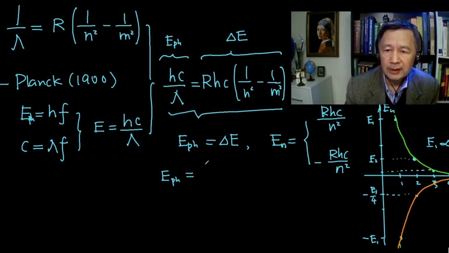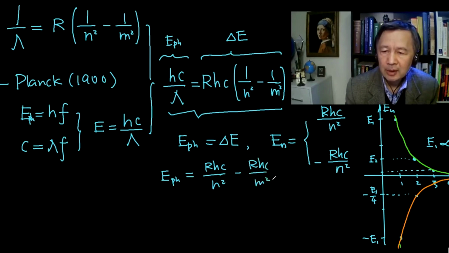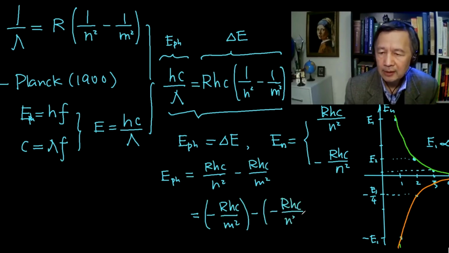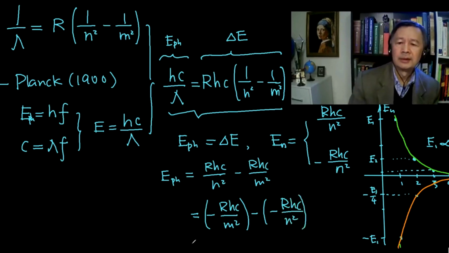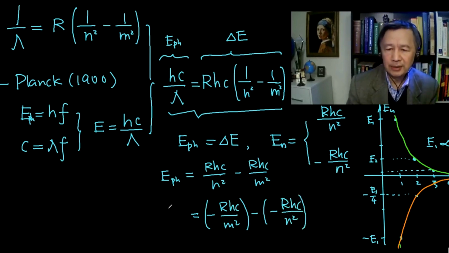Either we use this, R_H hc over n squared minus R_H hc over m squared, or we can write it as negative R_H hc over m squared, take away negative R_H hc over n squared. Okay, so both are correct, both formulas are consistent with the modified Rydberg equation.